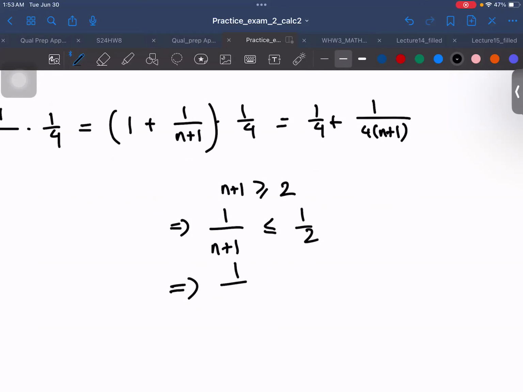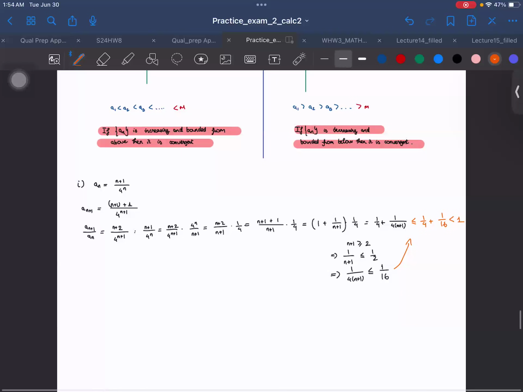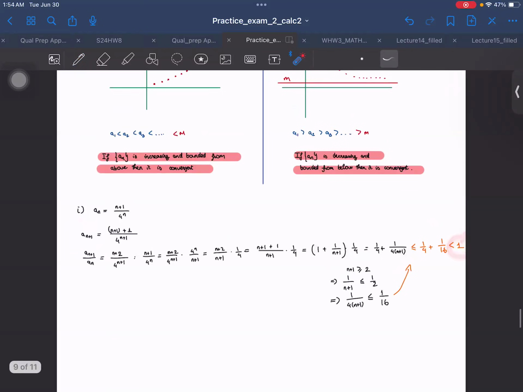Therefore 1 over 4 times (n plus 1) will be less than or equal to 1 over 8. So from here, you can say that your ratio is less than 1 over 4 plus 1 over 8, which is strictly less than 1. So you have shown that the ratio between any two consecutive elements is less than 1.